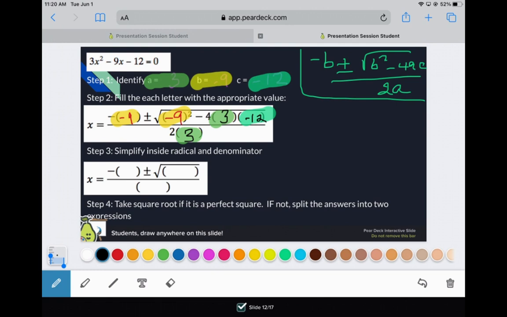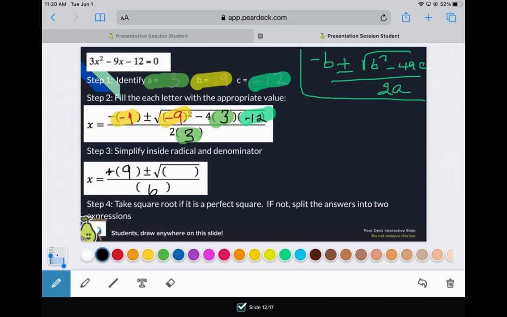Step 3, you're going to simplify inside the radical and the denominator. I listed out a sentence for you, so this should help. Negative and -9 turn into +9. And the bottom, 2 times 3, which is 6.